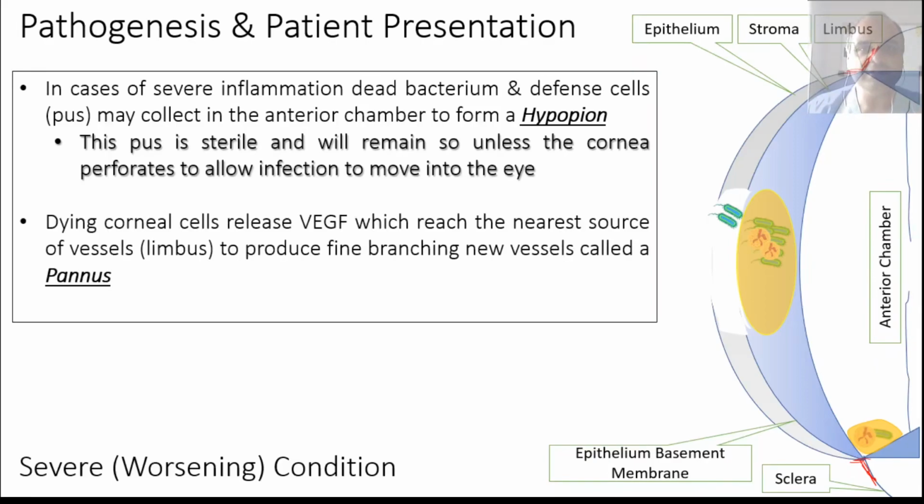And these new vessels are called pannus. They can grow bigger to form proper vessels, but the new vessels that arise at the limbus are called pannus. Different types of corneal vascularization we'll see just in a bit, but it starts off as little twigs of vessels at the limbus, which is called a pannus.